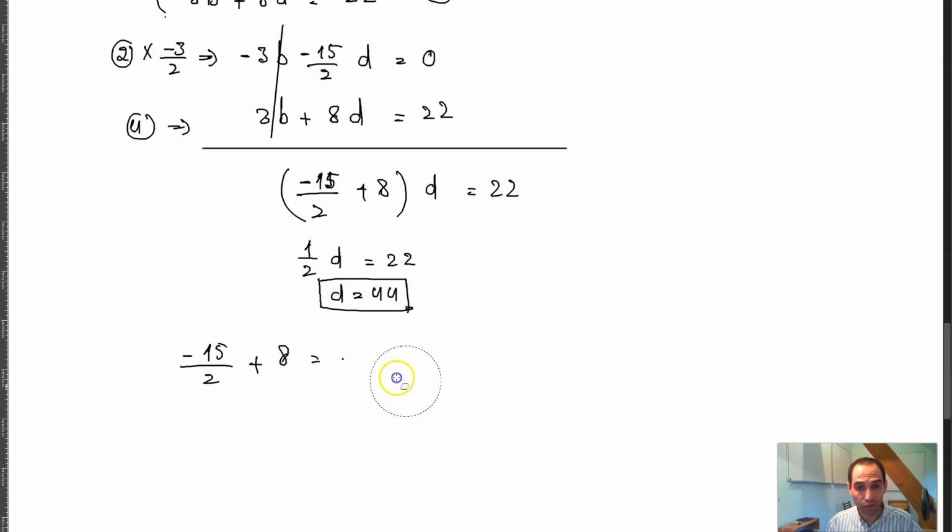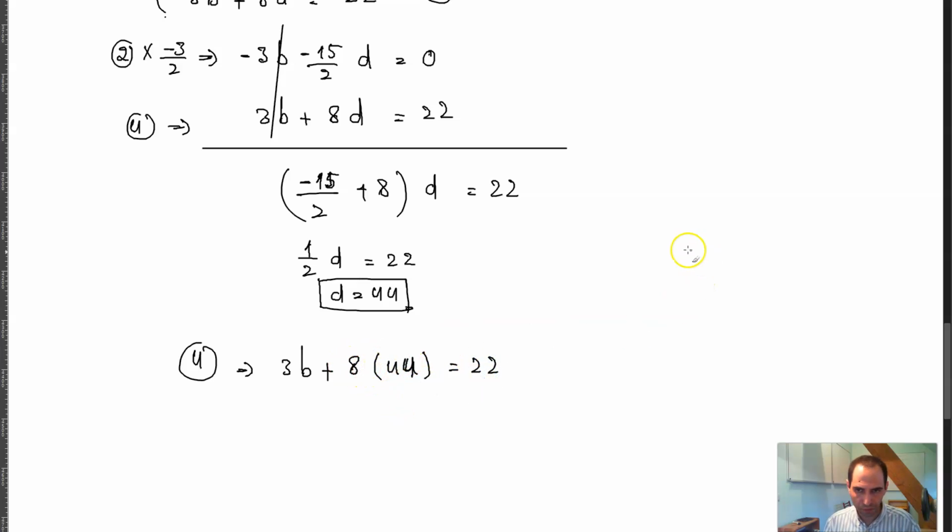And that is d. And then if I take equation number 4, for example, that gives 3b plus 8 times 44 is equal to 22. 8 times 44 is equal to 8 times 40 is 320, and 8 times 4 is equal to 32.